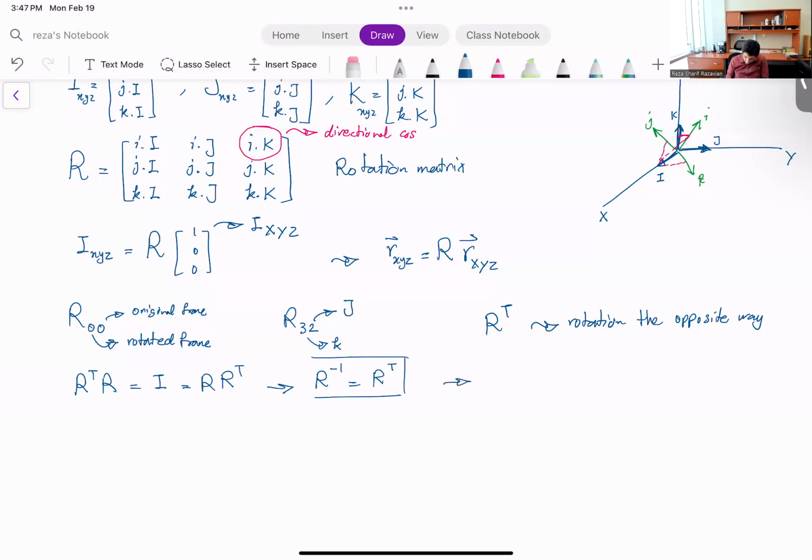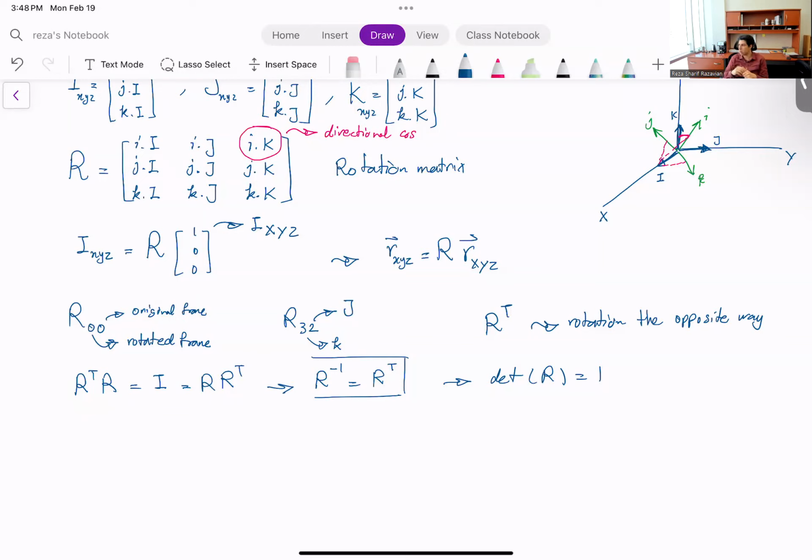And immediately from here, you can see that the determinant of R has to be 1. Well, it can be plus or minus 1, but in this case, it is 1. And it makes sense. If you are rotating, you're not changing any size or dimensions of your system. That's what the determinant does. If you have a vector multiplied by a matrix, the length of this vector is essentially multiplied by the determinant.